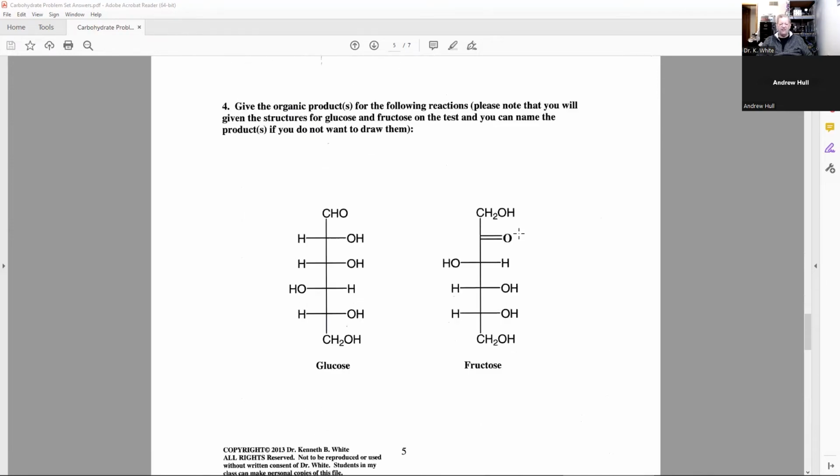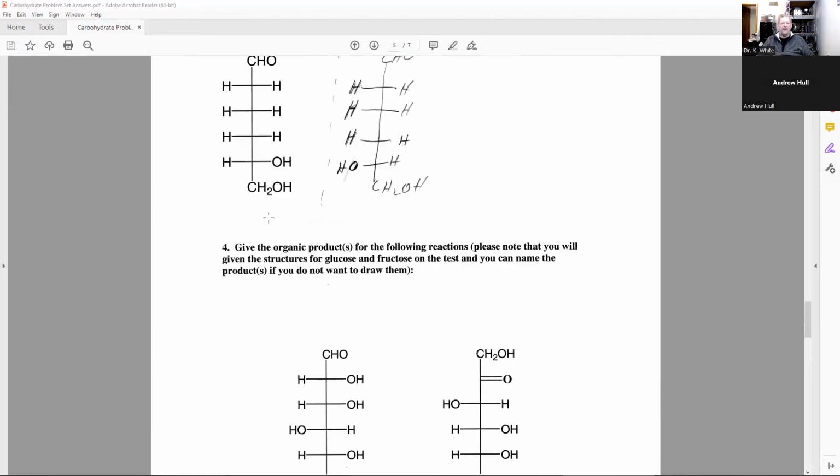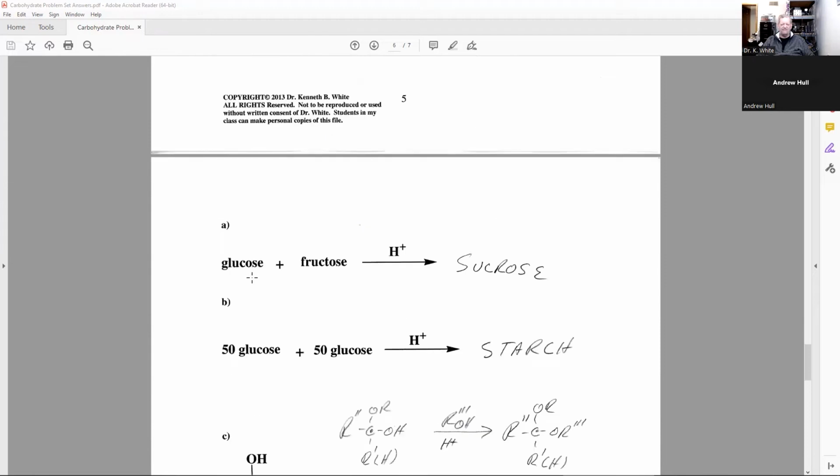Now, here's the structure of fructose and glucose. I'll never ask on a test, what's the structure, but you should be familiar with it. And notice for the following reaction, I won't give the structures of fructose and glucose, but you can name the products if you don't want to draw them.